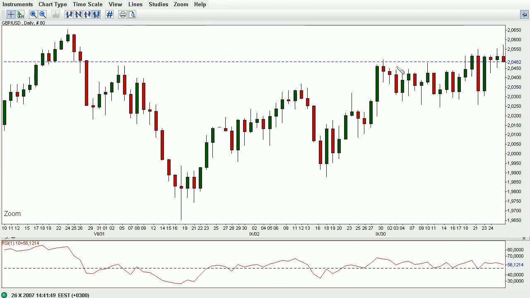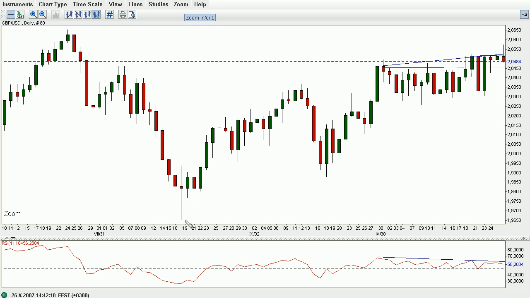Okay, so right now we still have our divergence between the currency pair and the relative strength indicator, and as we see, our upper boundary is not broken yet, so we are pretty much in a stuck position, between those two levels. We are locked here, and we might need to see a close above this level or below this level in order to be more certain.